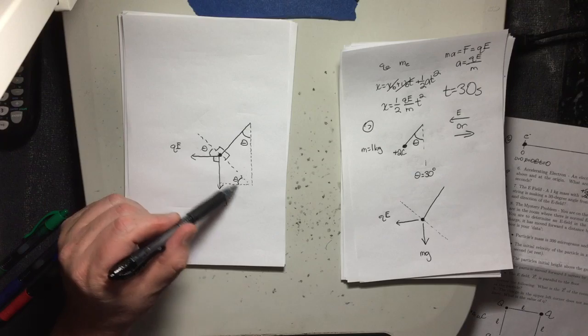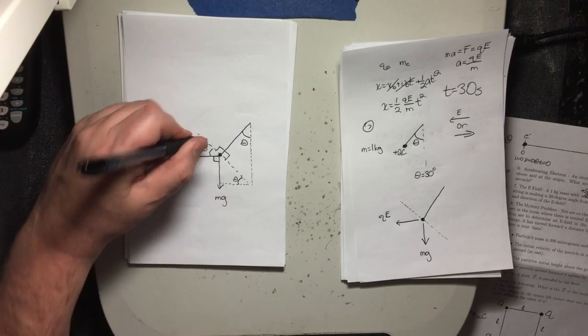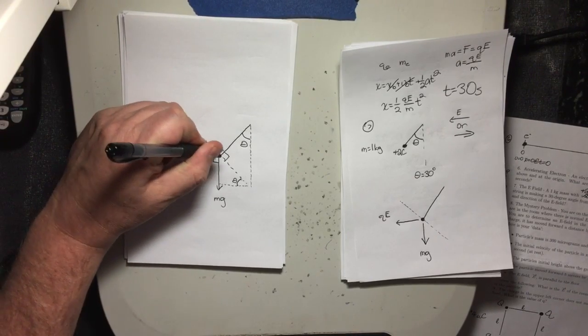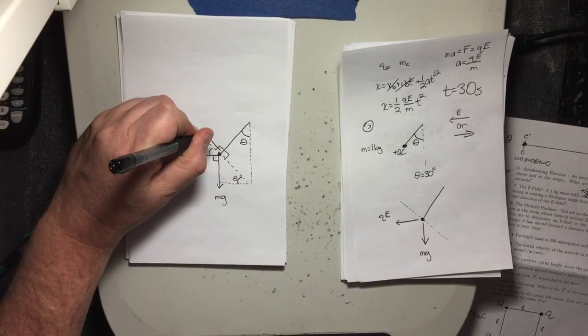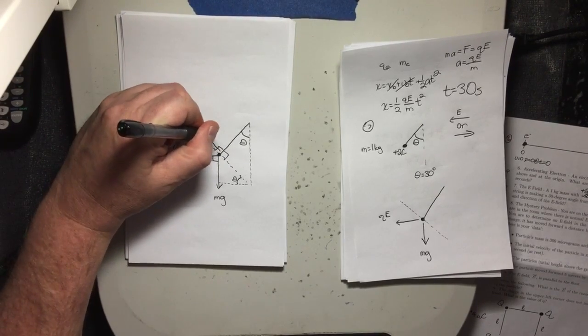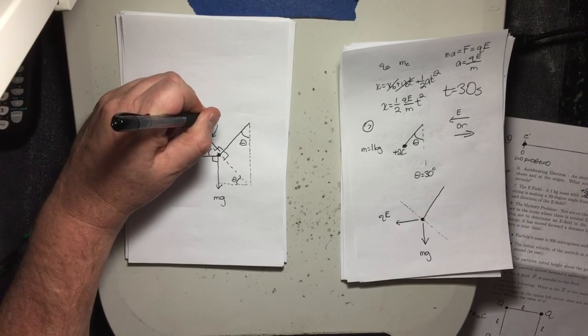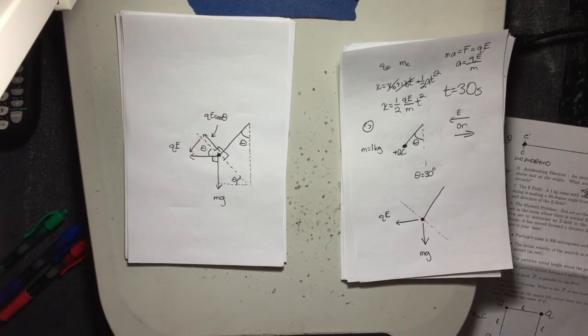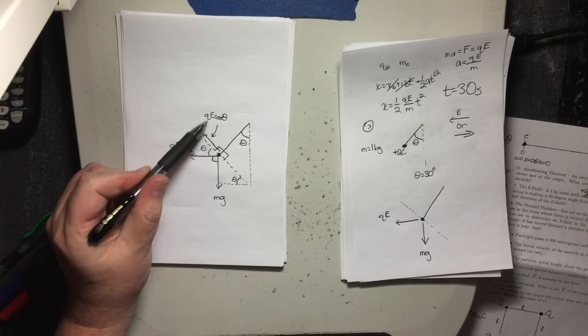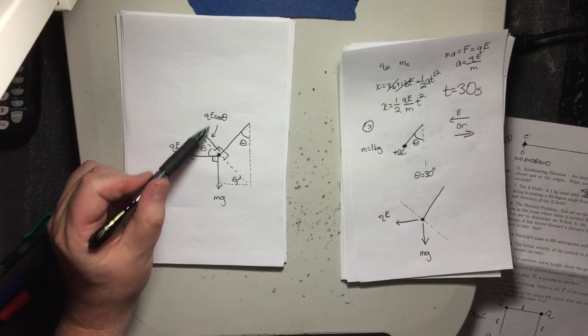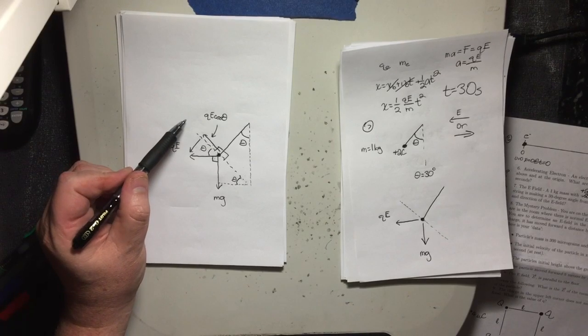So because these are thetas, this is QE cosine theta. It's the force of Coulomb's law that's going in this direction.